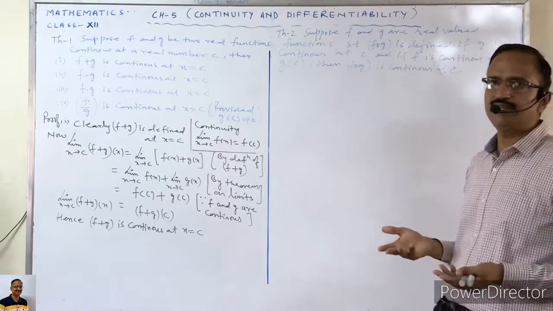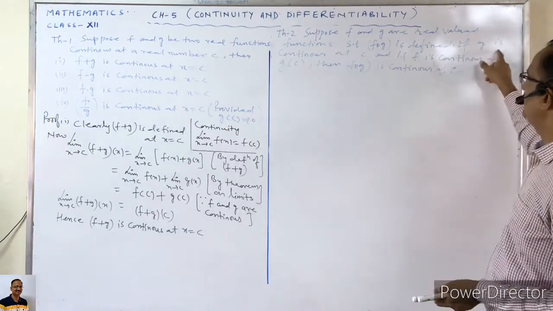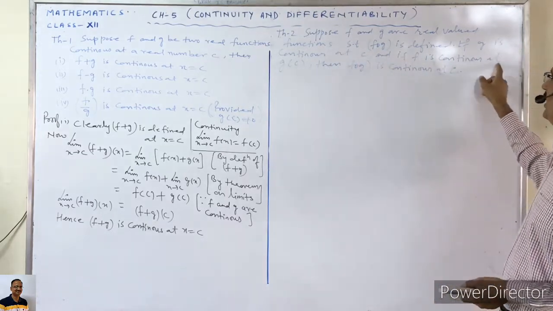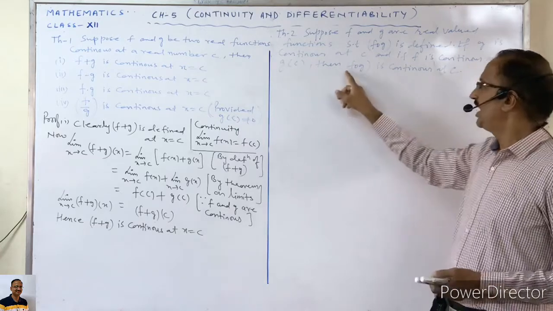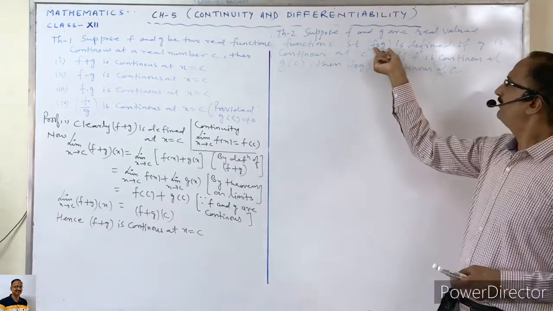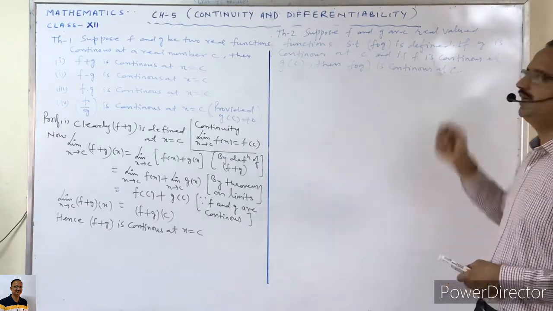If g is continuous at c and if f is continuous at g(c), then fog is continuous at c.